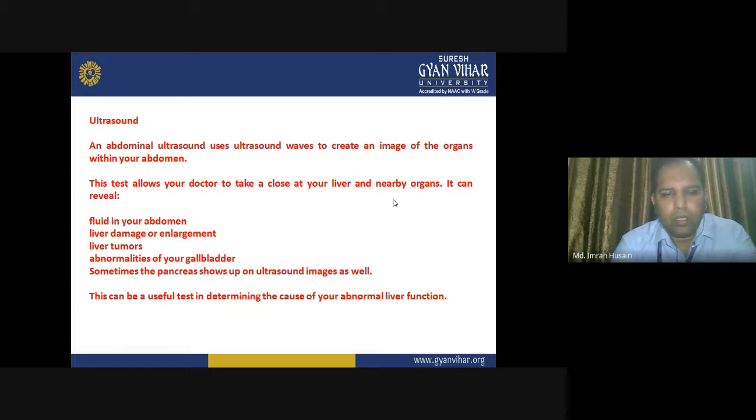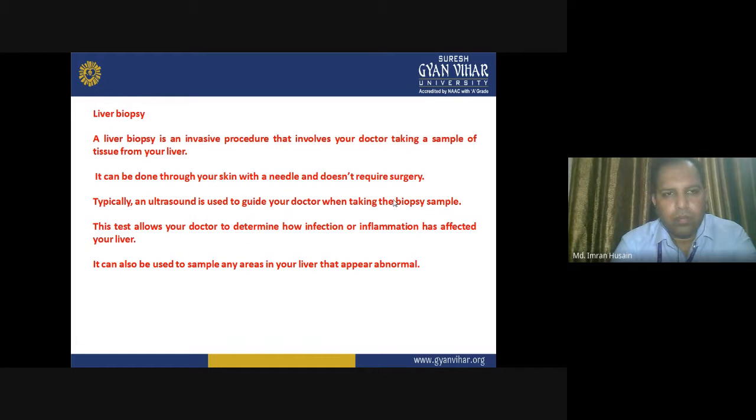Sometimes the pancreas shows up in an ultrasound image as well, so you can sometimes also see the pancreas working there. This can be a useful test in determining the cause of your abnormal liver function.